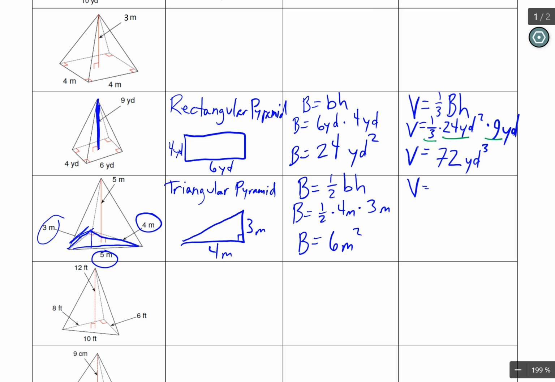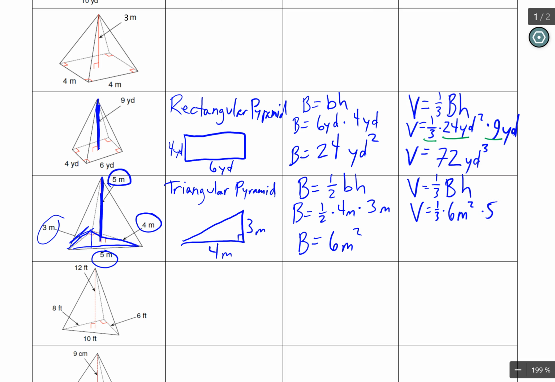Volume for any pyramid is 1/3 area of the base times the height. I'm going to substitute, or plug in, what I know. We've found that our big B in this case is 6 meters squared. And the height of my 3D object, or the height of my pyramid, they tell us is 5.